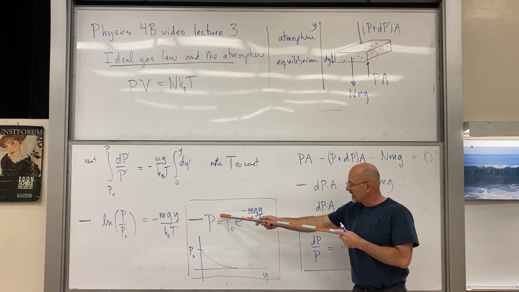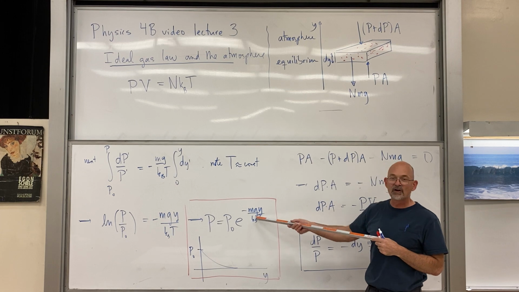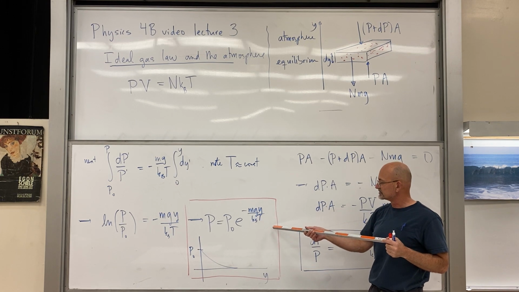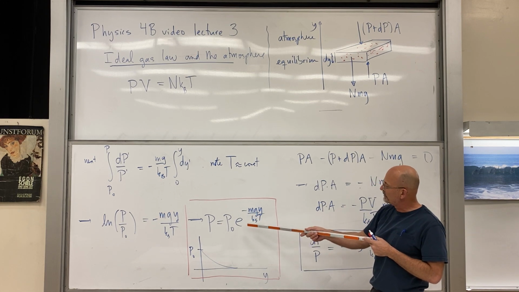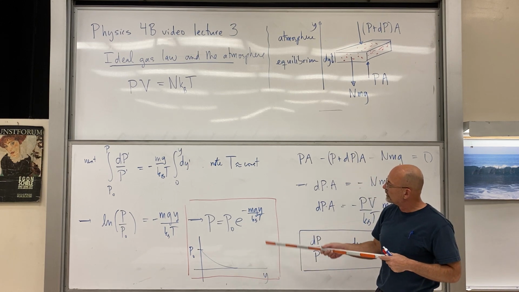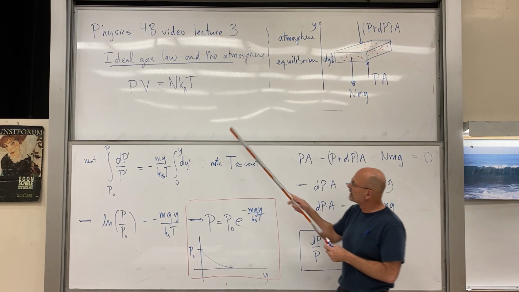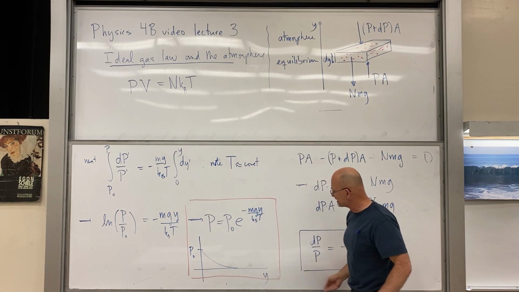The pressure decreases exponentially. This is good up to several thousand meters. And we have to now transform it to the statistical idea. We're going to go back to the idea that we have gas particles. So that's our next step.